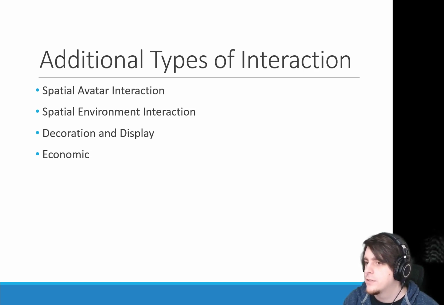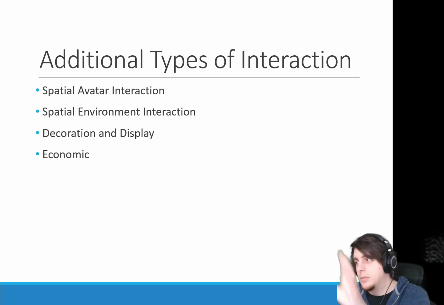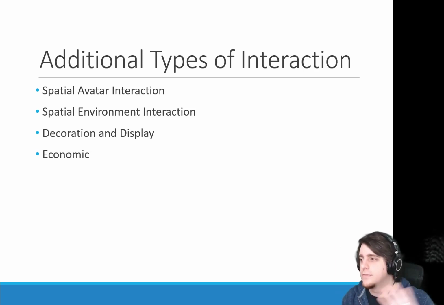Economic interactions, these are your buying and selling either to NPCs or to other players. Giving, trading, paying for resources, any kind of currency-based, or let's say currency-based. It's a little bit more broad than that, but for ease of explaining it, let's say currency-based types of interactions.